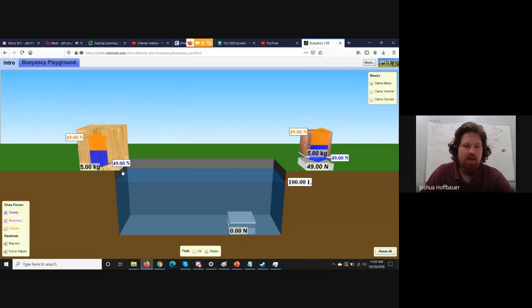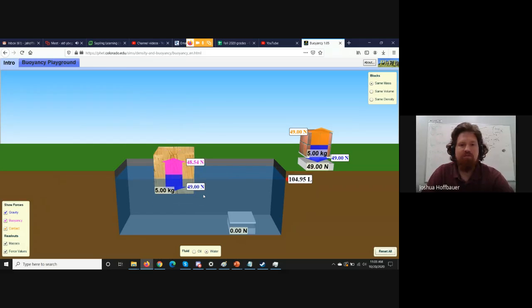And then if I put it back on land, now the arrow is orange. That means it's the contact/normal force instead. Those two forces equal out here. I'm going to make the object float again, and the buoyant force was equal to the force of gravity.